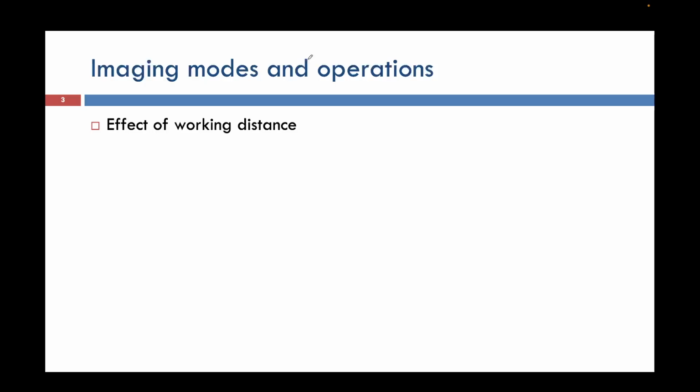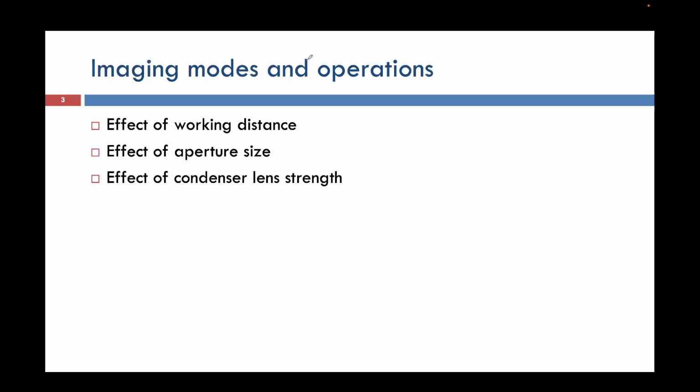right? So now coming to imaging modes and operation. This is an important section of SEM, because we want to see how we have produced our beam. Now we want to see how the beam is coming, if we want to put any aperture, if we want to vary our specimen distance from the lenses, and if we want to vary the condenser lens strength, right?